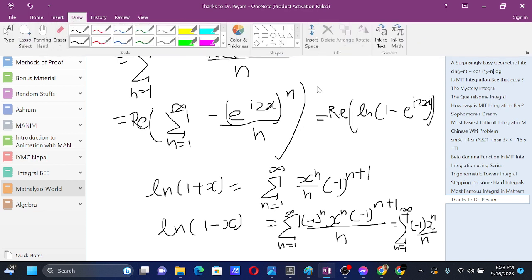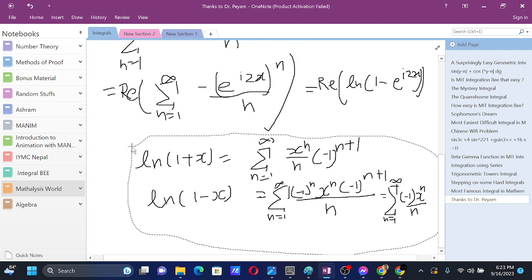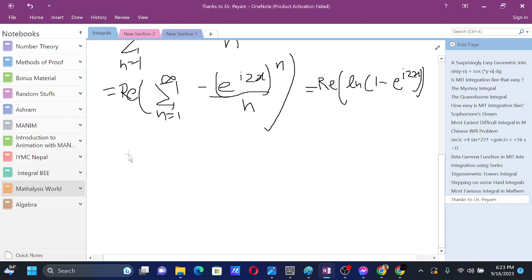Now the problem is to find out what the real part of a log function is. In complex analysis, you probably would have heard how we deal with these problems. Let me show you here.